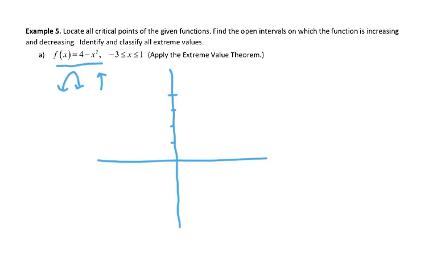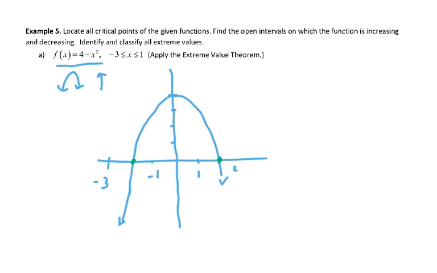Now, I know that it looks something like this. It goes through the zeros at x equals 2 and negative 2.